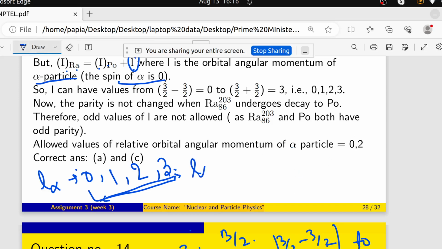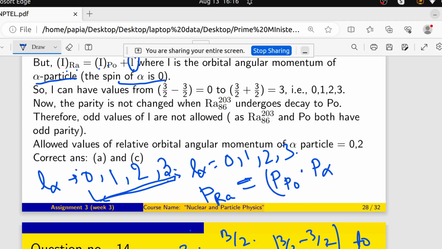So now L alpha has a value 0, 1, 2, 3. Now coming to the parity case. You can see that the parity is a multiplicative quantum number, right? So parity of Ra should be equal to parity of Po into parity of alpha.